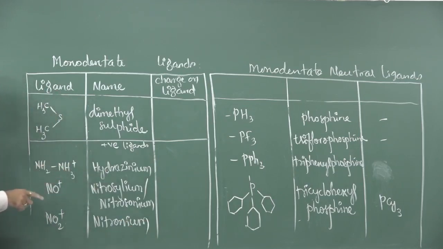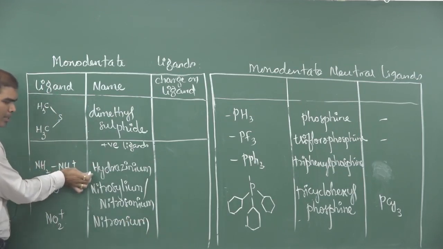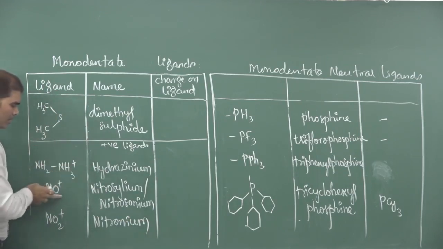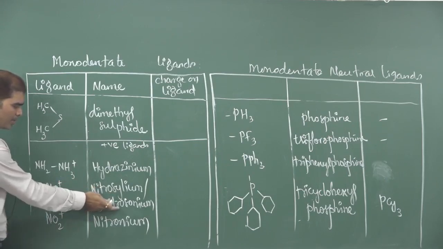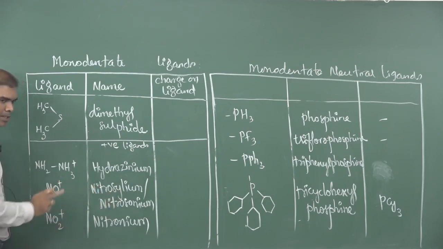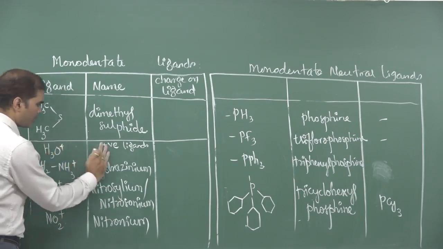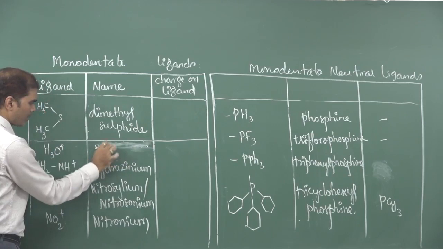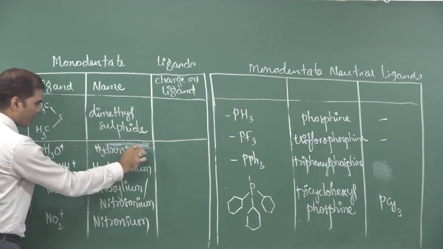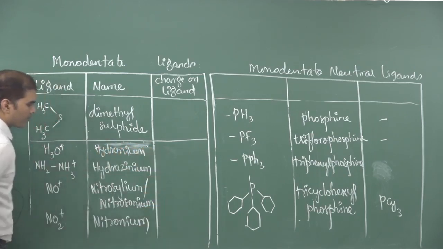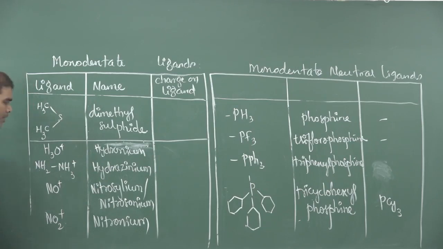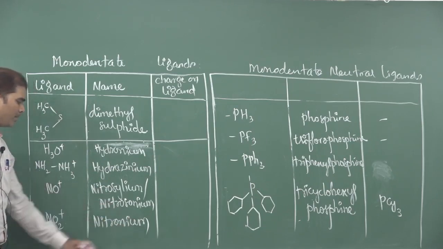You can take hydrazine and hydroxylamine for monodentate neutral also. This is called nitrosonium. NO2 plus is called nitronium. If you take H3O plus, you call it hydronium. All are having +1 charge. Just these many for monodentate positive: hydronium, nitrosonium, nitronium.